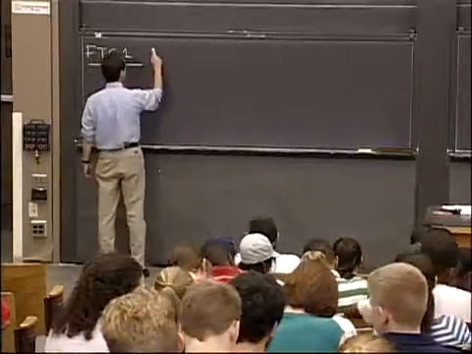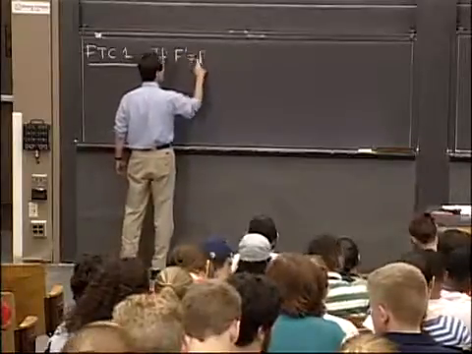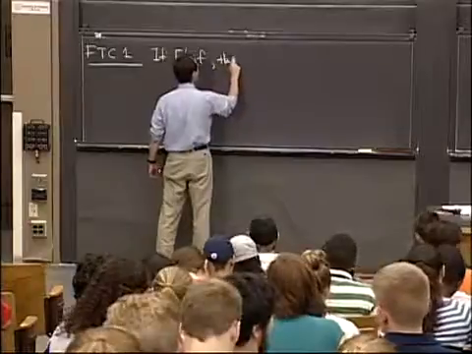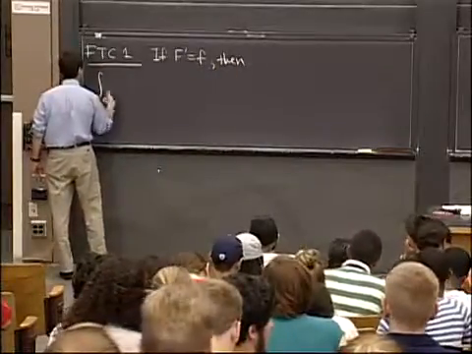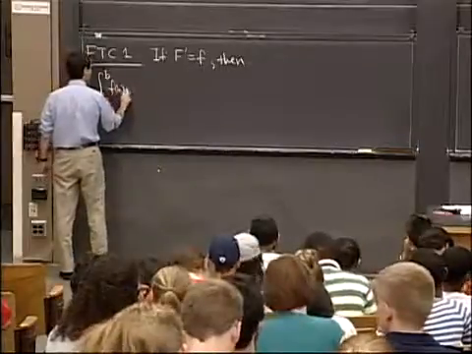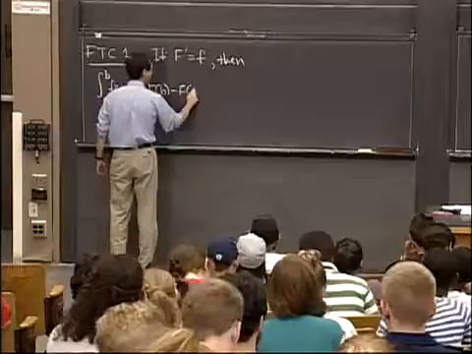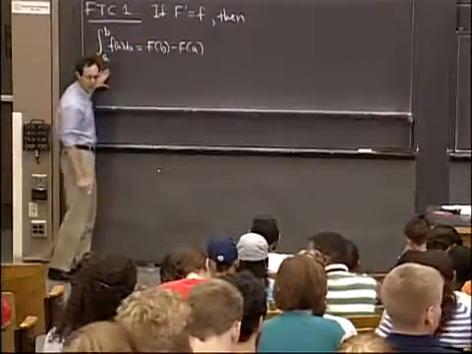What it says is this: if F prime is equal to f, then the integral from a to b of f of x dx is equal to F of b minus F of a. So that's the fundamental theorem of calculus.